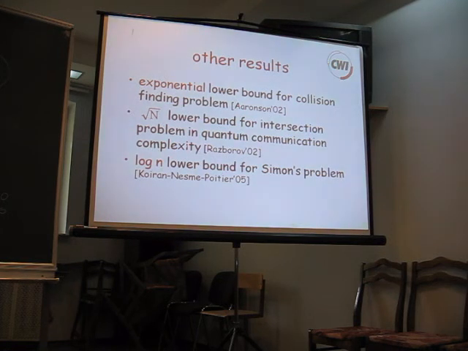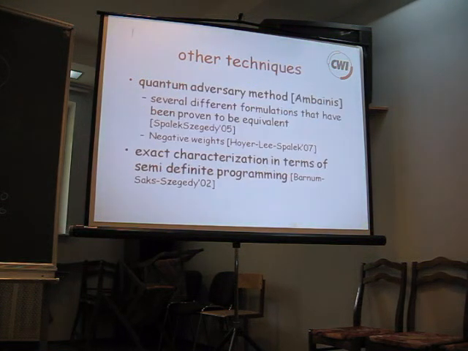In fact, Sasha's proof showing that the communication complexity for disjointness is square root of n also ultimately reduces to a polynomial of degree square root of n. And the last one I know is a log n lower bound for Simon's problem. I haven't talked about Simon's problem, for those of you who know it, but that also uses the polynomial method.